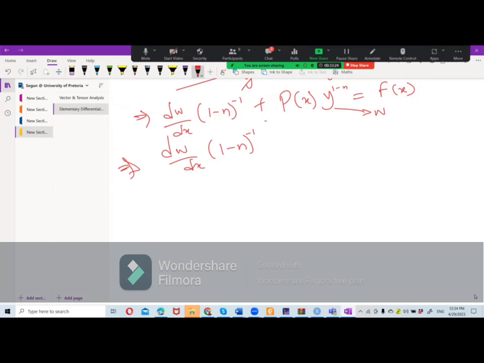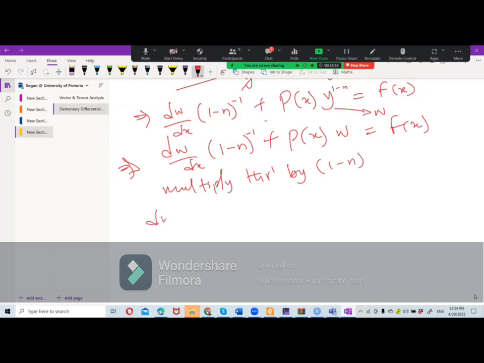So if I want to, okay, let me just write it. p of x, w equals f of x. Now let's multiply through by 1 minus n.